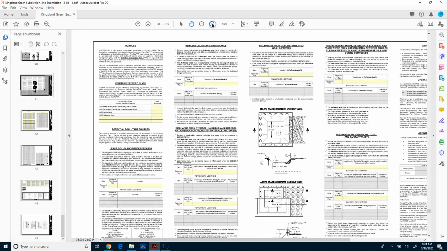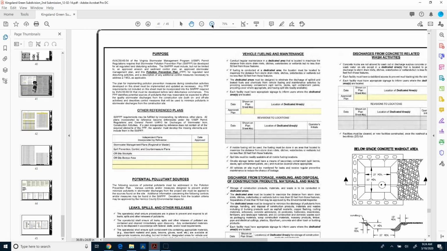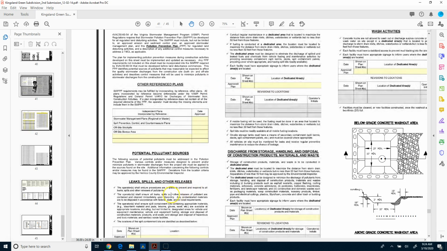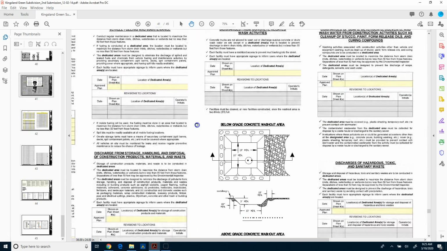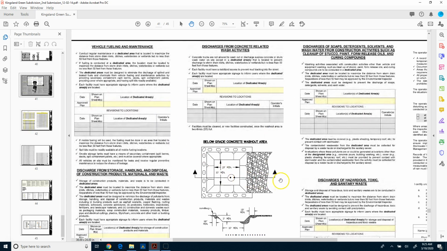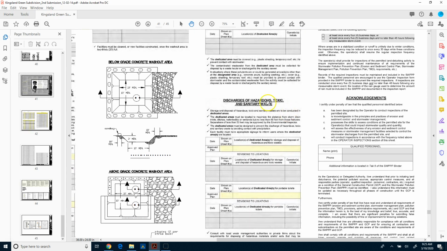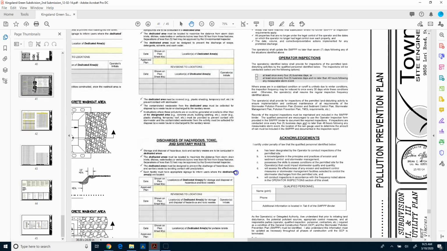And if we take a look, it's got some interesting notes on it. Gives you a purpose of what it's for. Talks about leaks and spills and releases, and over here it talks about vehicle fueling and maintenance. Over here we've got some washout areas, discharging hazardous, toxic, sanitary waste, some other acknowledgments.